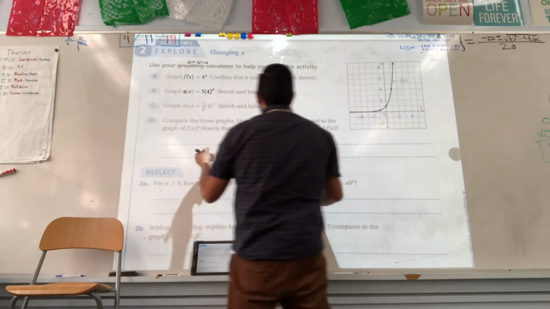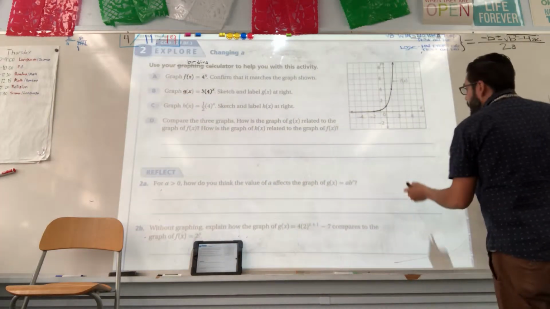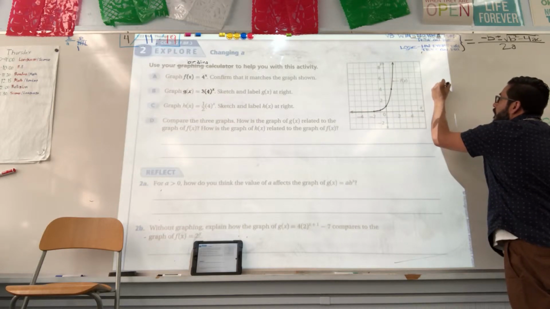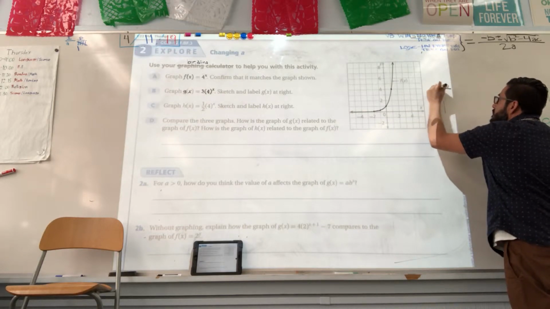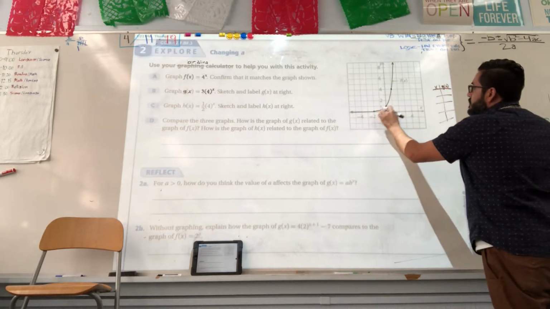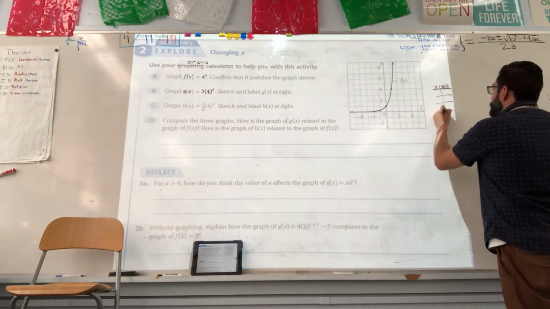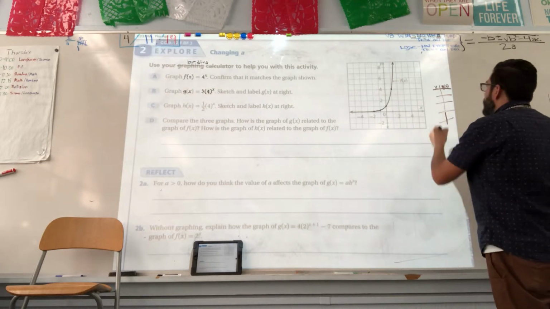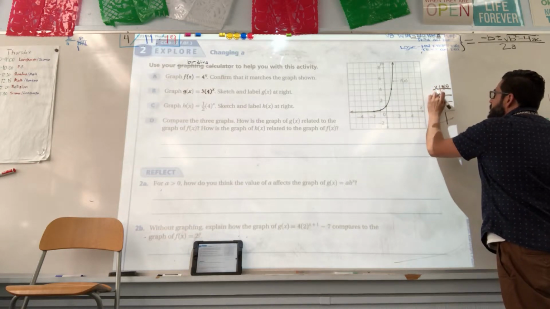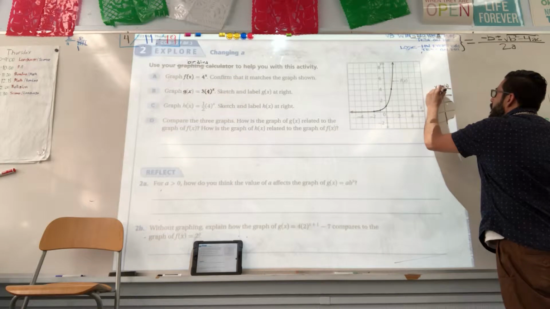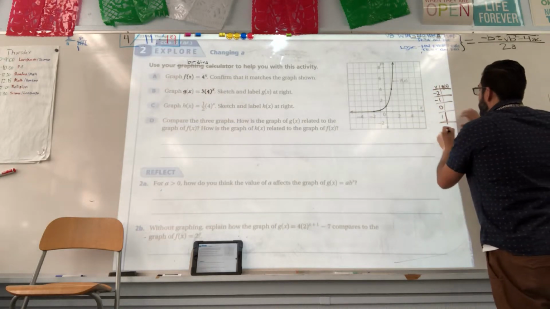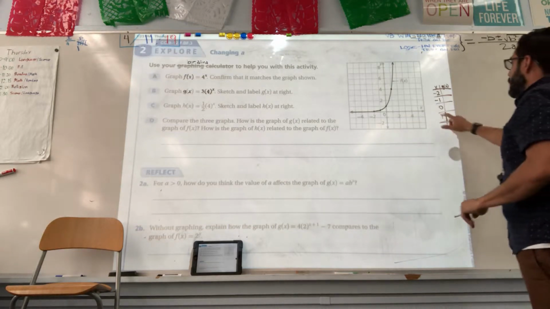Again, you just need to create a couple of data points so that you know what you're graphing. So we'll give it x, g of x. And like this one, I did 4 points. So let's just do 4 points. Obviously, I like 0. I like negative 1. Let's do negative 2, negative 1, 0, and 1. And if we can, we'll go up to 2. We'll see. All right, so let's start with 1.